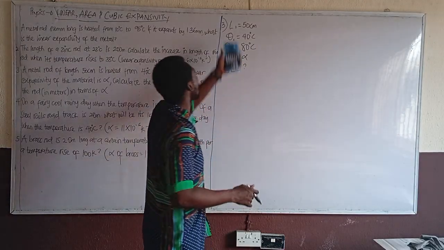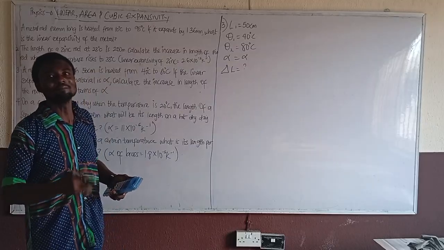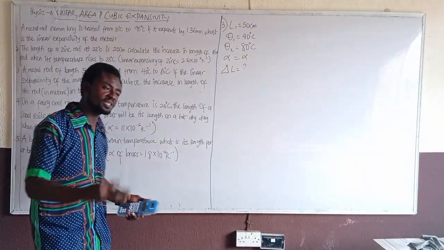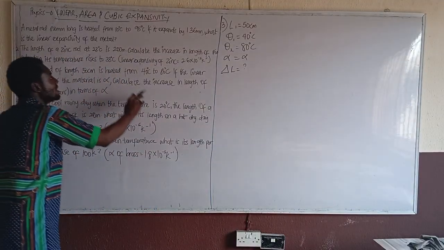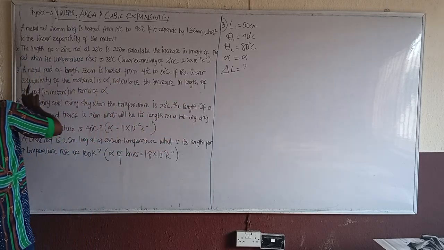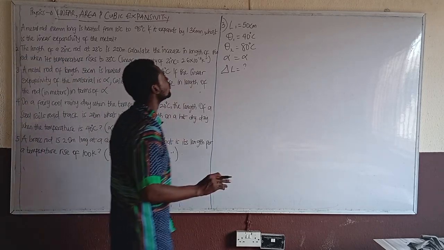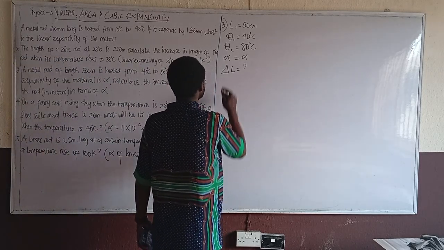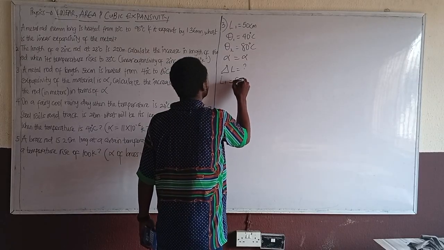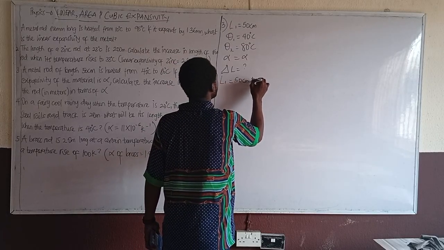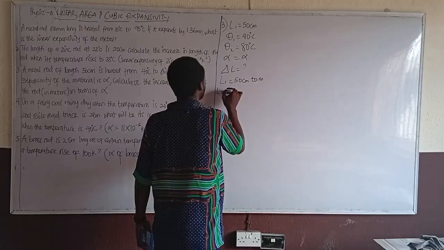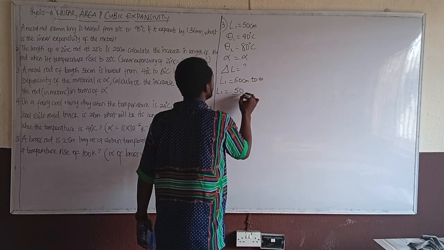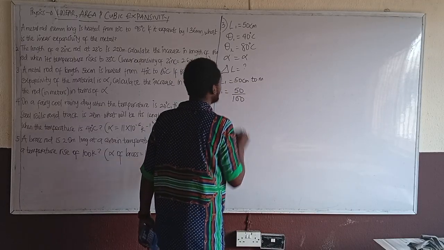So I'll calculate in meters in terms of alpha. Which means that I have to convert my L1 from centimeter to meter, because the question says calculate the increase in length of the rod in meters. So L1 becomes 50 divided by 100.